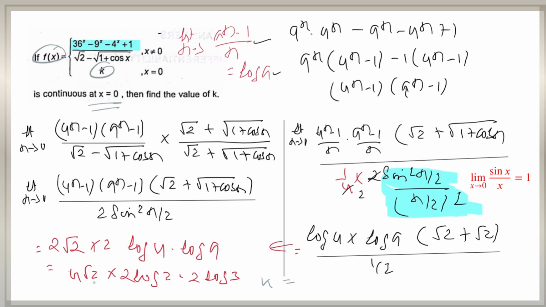That gives you the value of k. So what is k? 4 into 2, 8. 8 into 2, that is 16. 16 times root 2 log 2 into log 3. And that should be the answer.